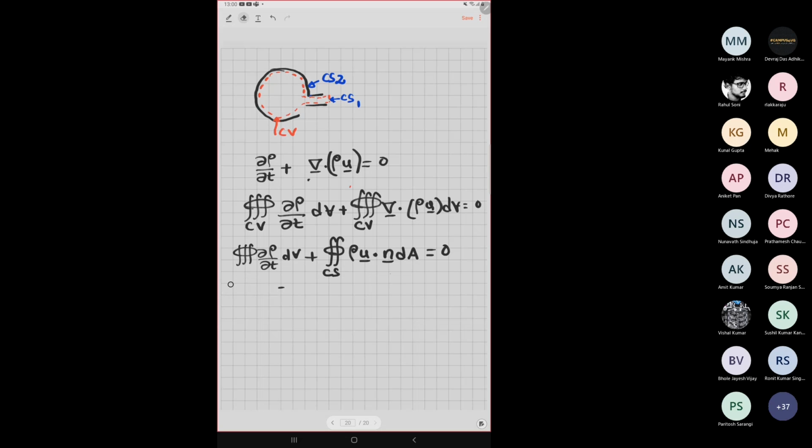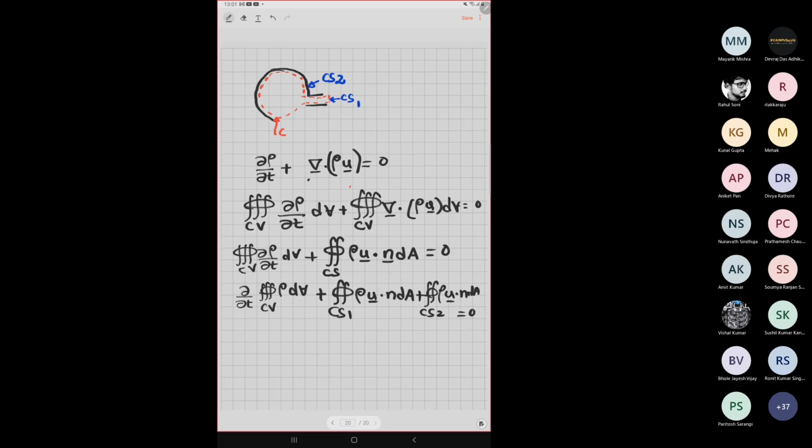Let me write it more carefully. Commutative property: del by del t of the volume integral of rho dV on that control volume, plus the surface integral on CS1 of rho U dot n dA, plus the surface integral on CS2 of rho U dot n dA, is equal to 0.